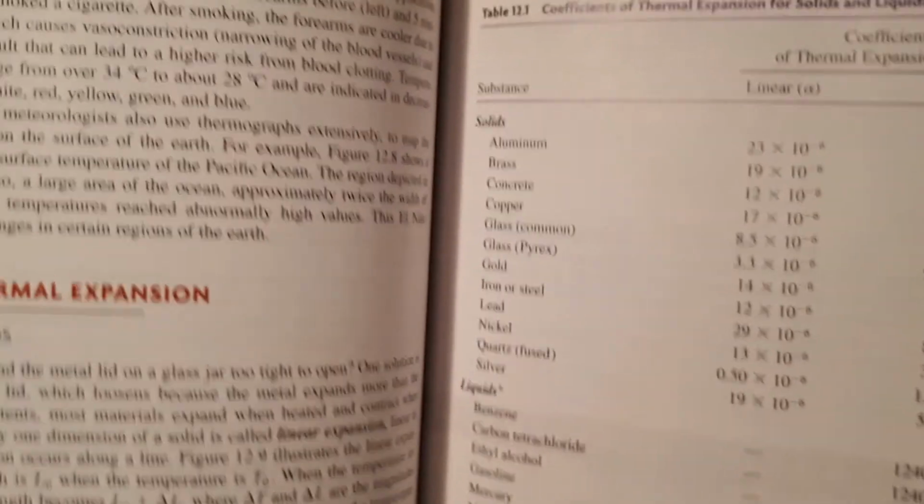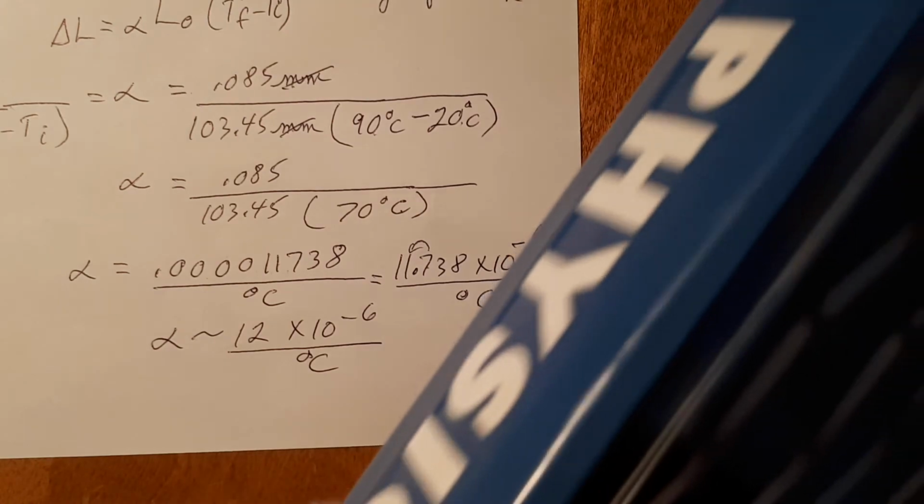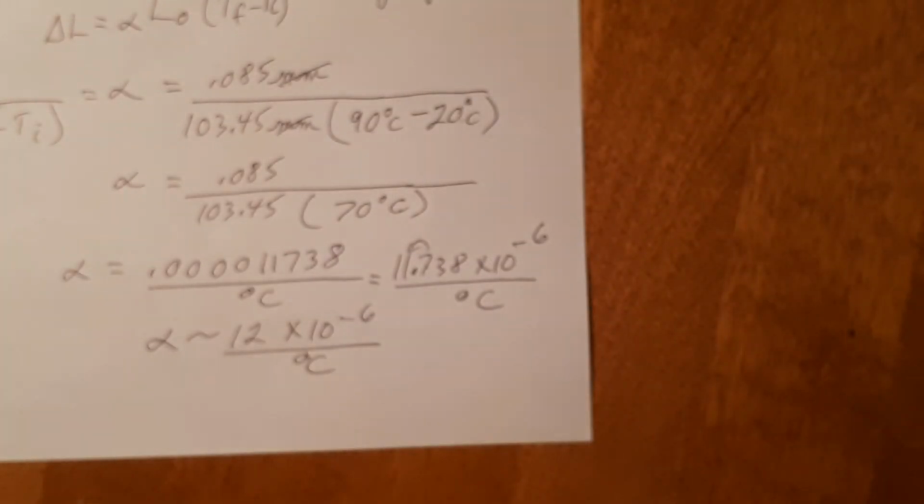I just have to clean up my desk a little bit so I can fit this in. There's the textbook. I can't see it all. It says physics here somewhere. There we go. Anyways, going to coefficients of linear expansion.